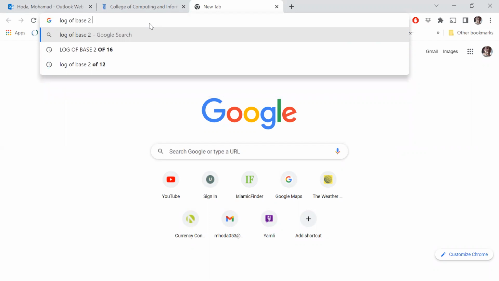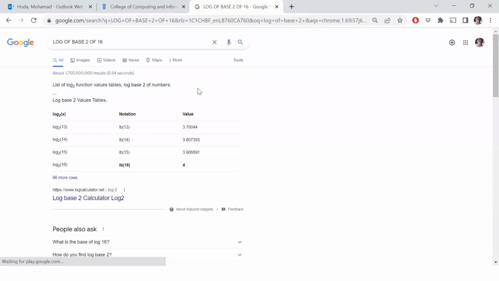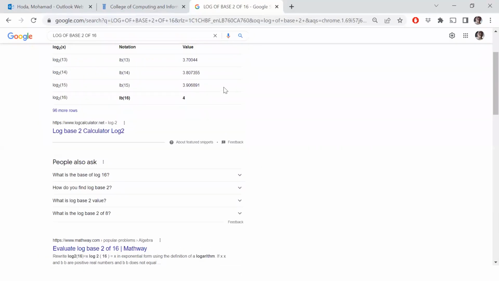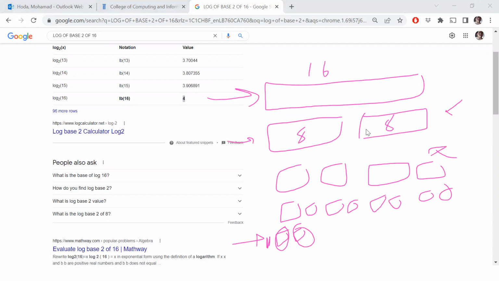Because we divided each one of these into 2. Log base 2 of 16, what is the answer? Can anyone tell me? If you remember the number of steps we needed: 1, 2, 3, and 4. We needed 4 steps in order to go from 16 to 1.